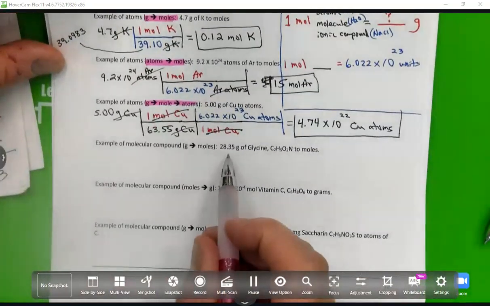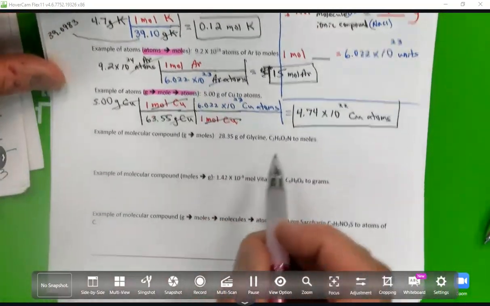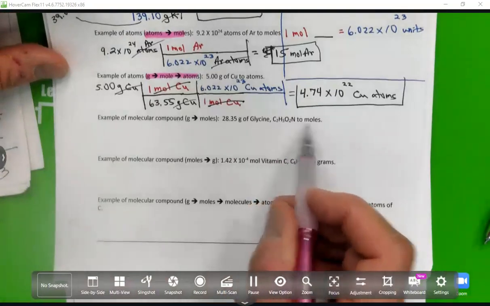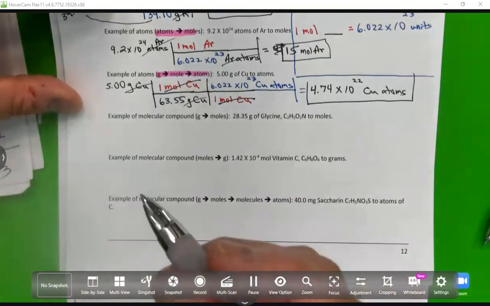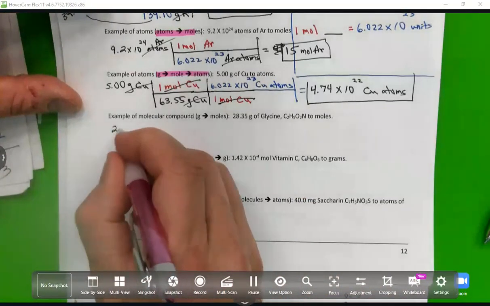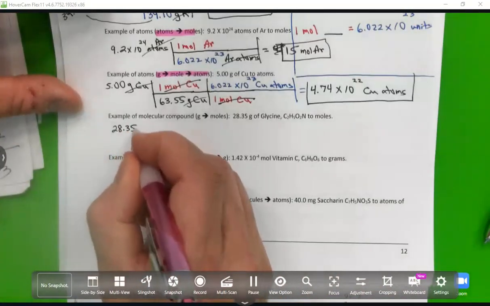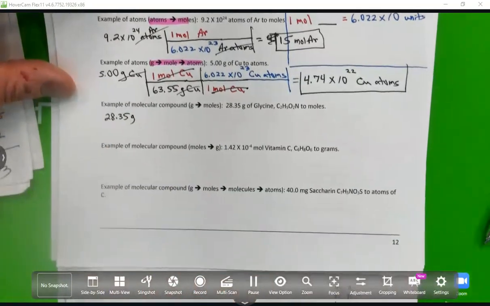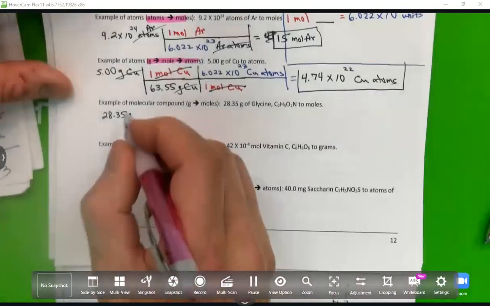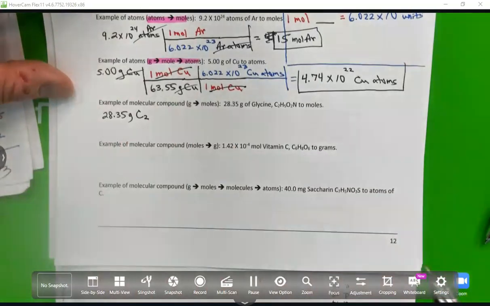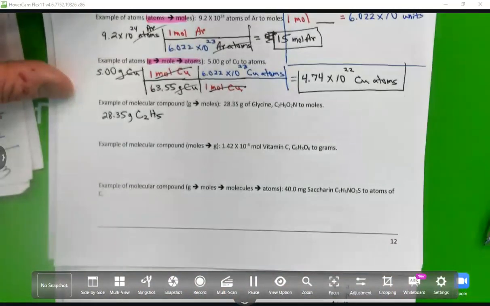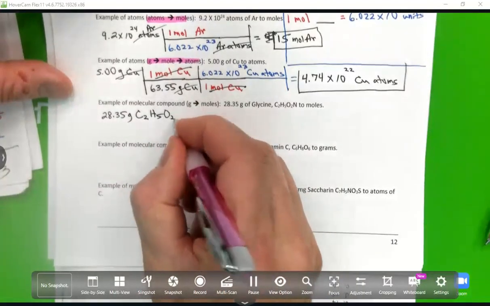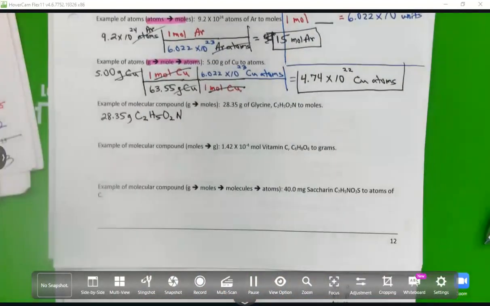All right, let's see what we've got. We've got 28.35 grams of glycine, which is C2H5O2N. So we're going to start out with 28.35 grams of C2H5O2N.